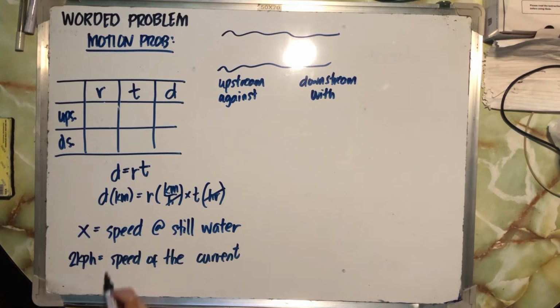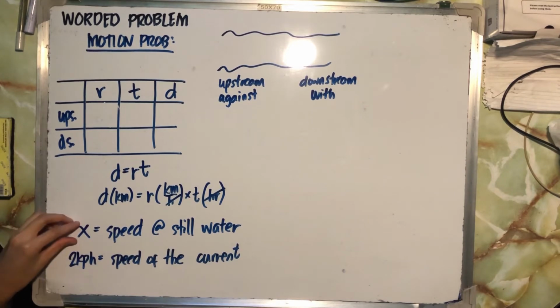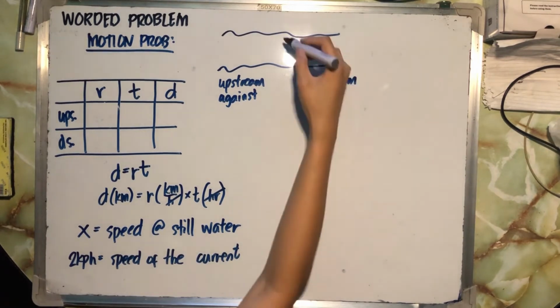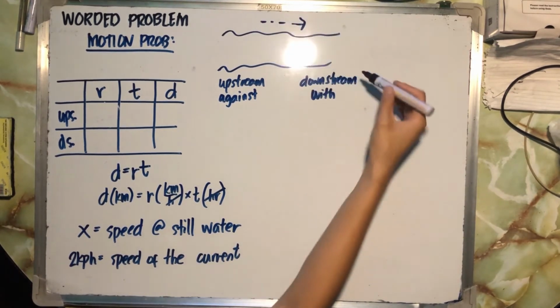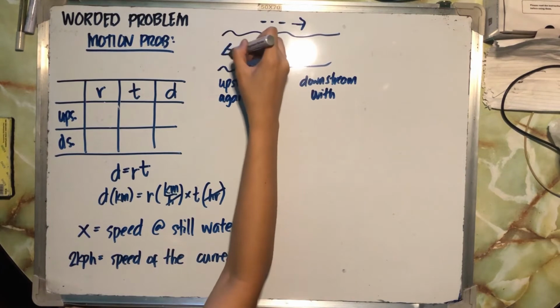Okay. When we say upstream, tingin mo ba, ang speed ng boat in still water at speed ng current, pag upstream ang ating motion, upstream, no? Against the current, naa-add ba yun o nama-minus? Okay? Nama-minus yun, di ba? Kasi halimbawa, papunta dito yung agos. Okay? You are traveling in this direction.